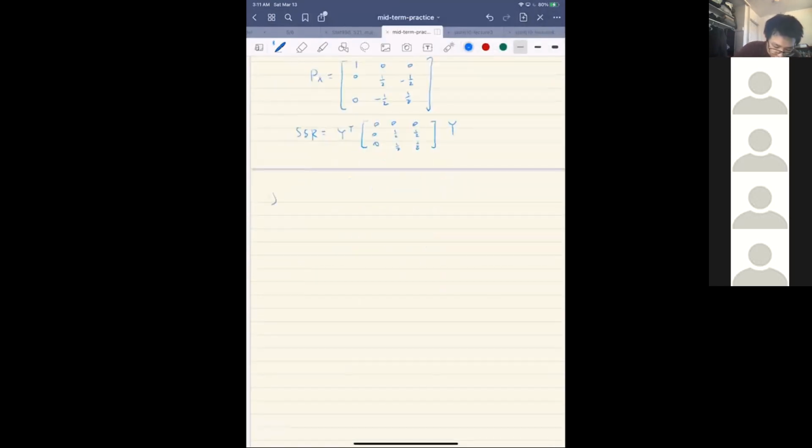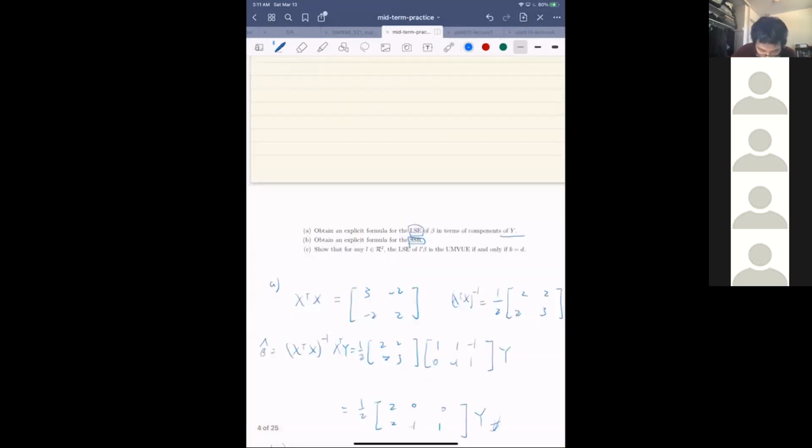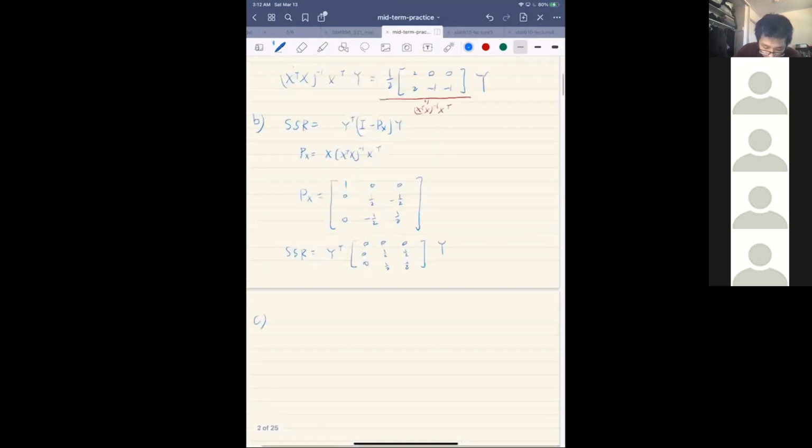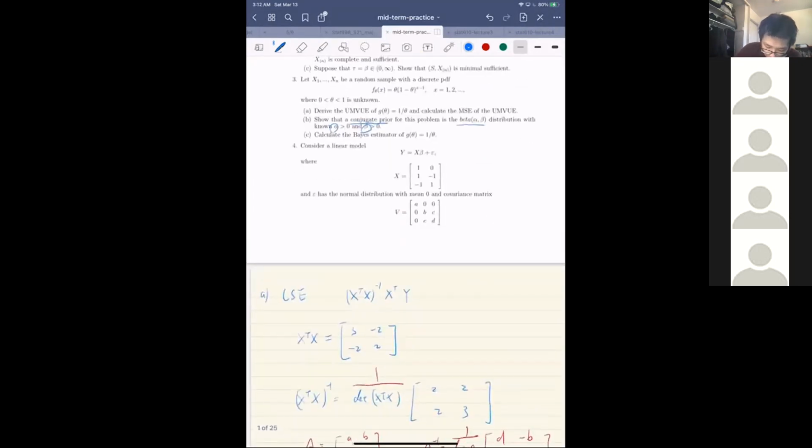The next question. The next one is we want to show that this is UAVE if and only if B equals D. Okay. So here we have the vector V. So we want to apply a theorem.